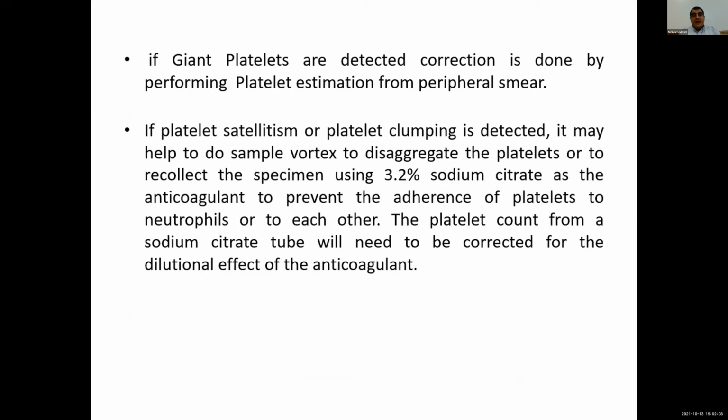If giant platelets are detected, the correction is done by performing platelet estimation from the peripheral smear. If platelet satellitism or platelet clumping or aggregates are detected, it may be helpful to vortex the sample to disaggregate the platelets, or the second solution is to recollect the specimen using 3.2% trisodium citrate as an anticoagulant to prevent the adherence of platelets to a neutrophil or to each other.